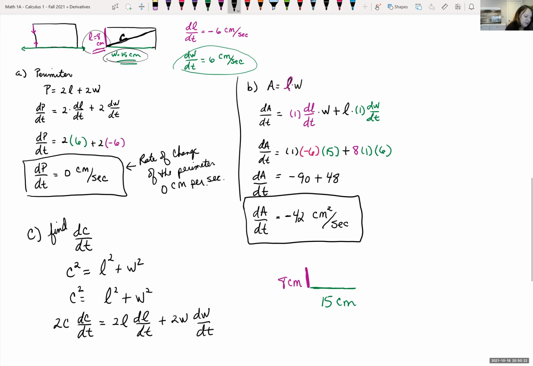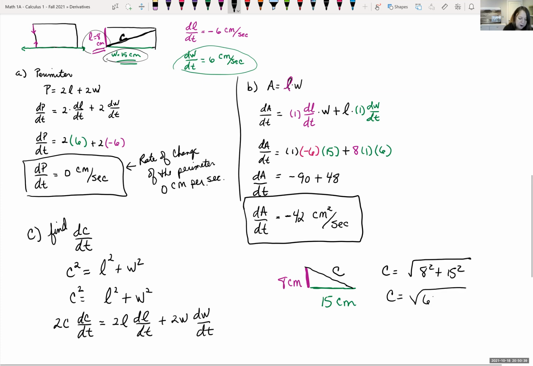And so we can use that Pythagorean theorem and figure out what c is for those lengths. And so c is going to equal the square root of 8 squared plus 15 squared. So that's the square root of 64 plus 15 squared, I believe, is 225, but let me just check. Yep.